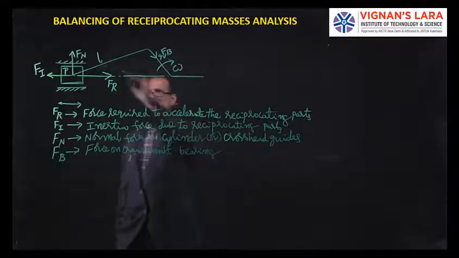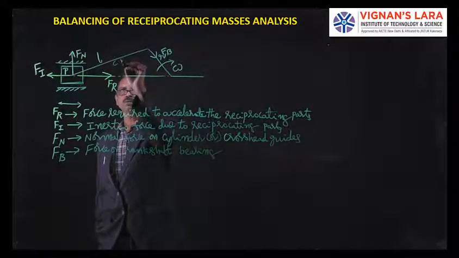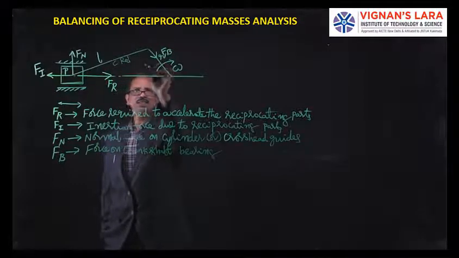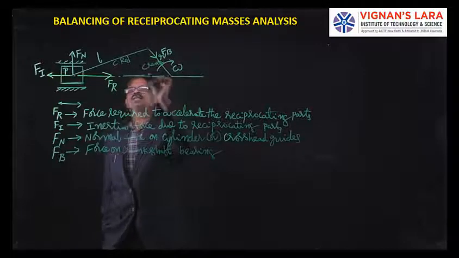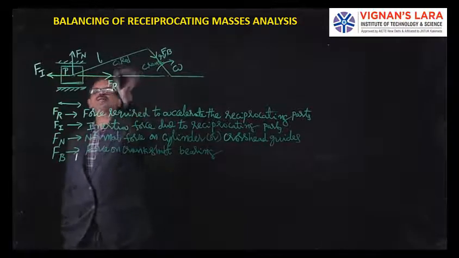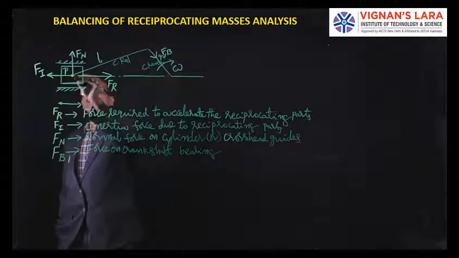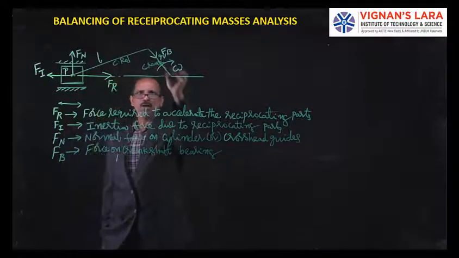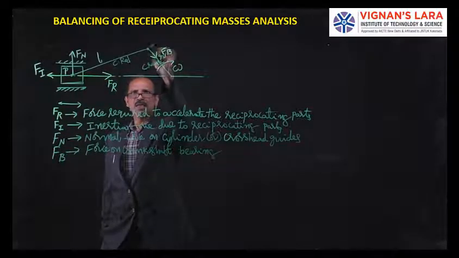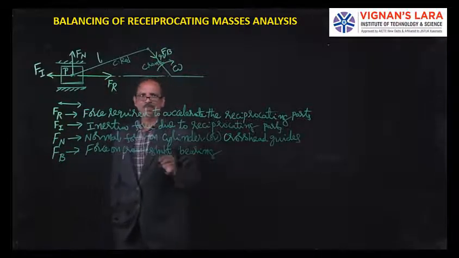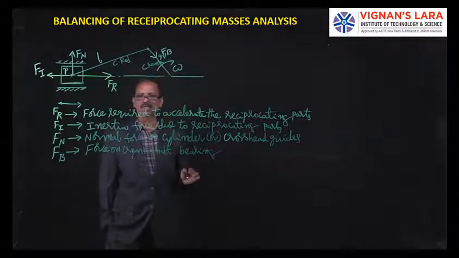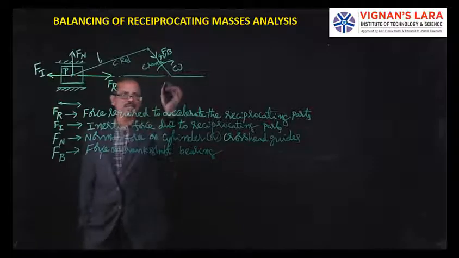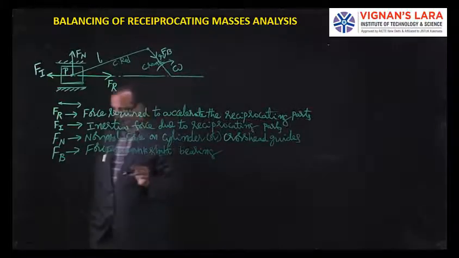You can see this is the connecting rod and this is the crank. The piston is connected to the connecting rod by a piston pin here, and the connecting rod and crank are connected by another pin, the crank pin. There is a force acting on the crankshaft bearing, that is Fb.